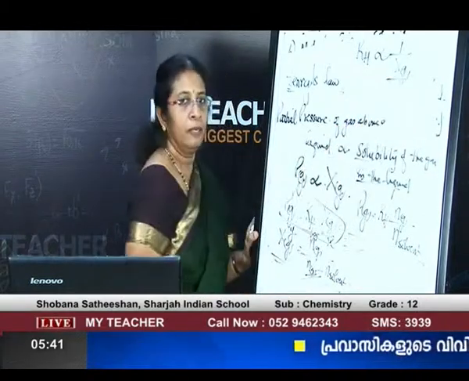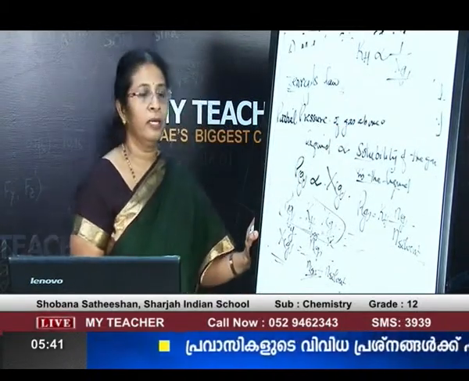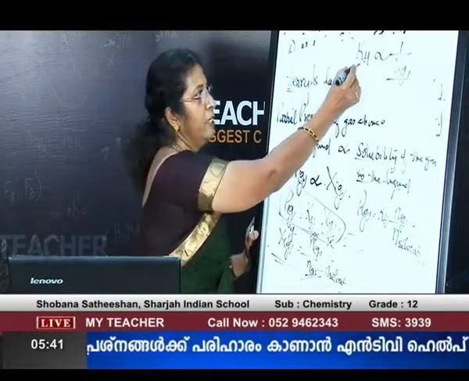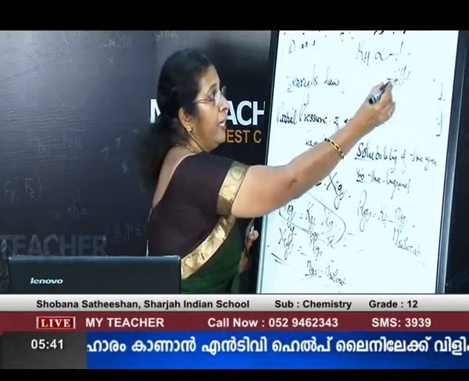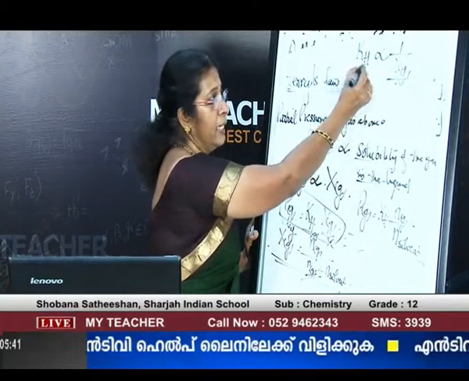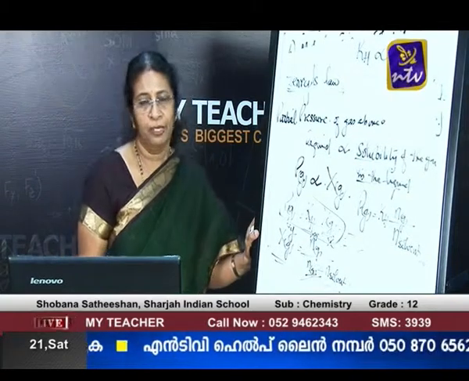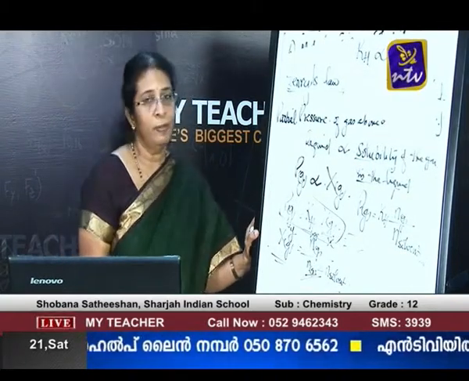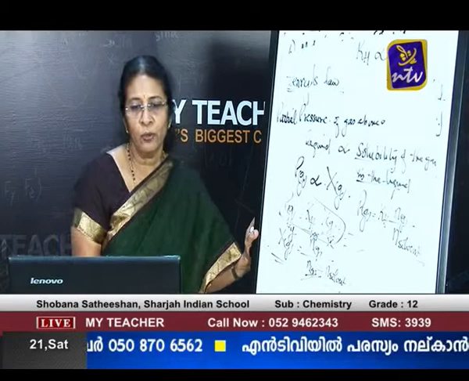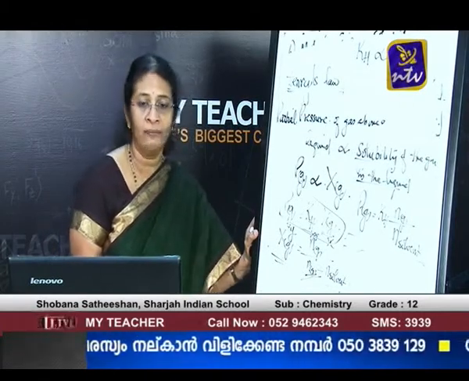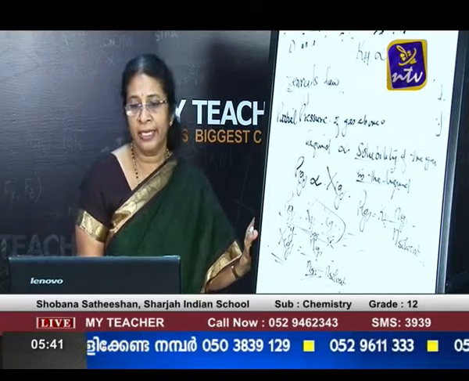X represents the mole fraction of the gas in the liquid, that is, the solubility of the gas in the liquid. So, what is the relationship between KH and X gas? When KH increases, solubility of the gas decreases. H2 is more soluble, which means it has a lower value of KH than He.